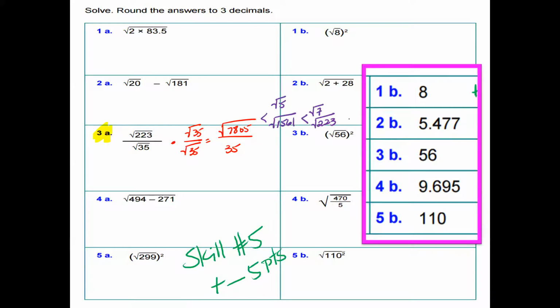And I think that's as far as I can go, unfortunately. There's not much that I can do any further besides just the square root of 7,805.